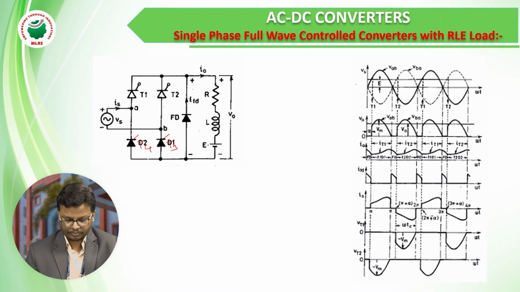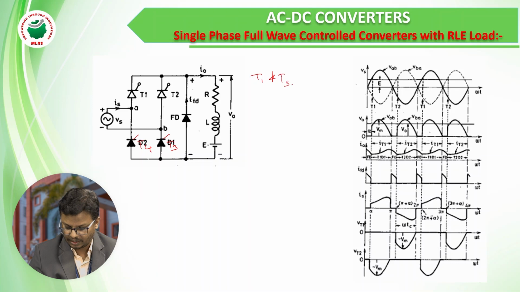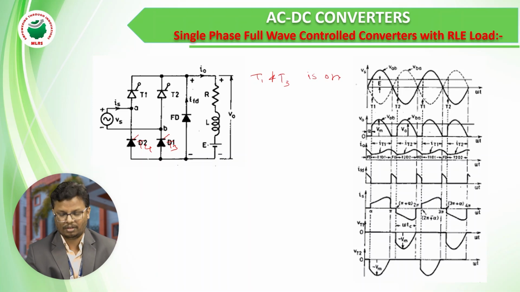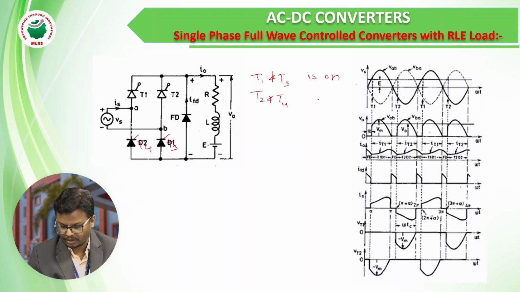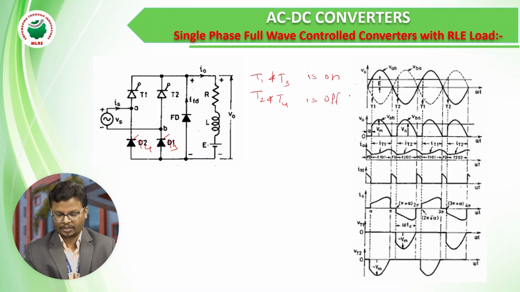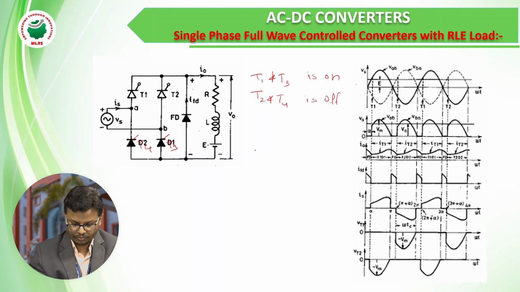Initially T1 and T3 will be triggered. When T1 and T3 are on, then T2 and T4 are off.